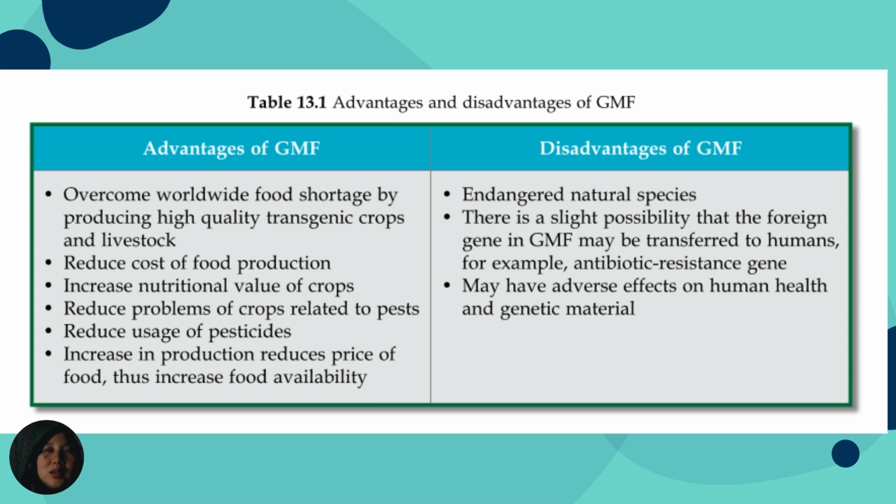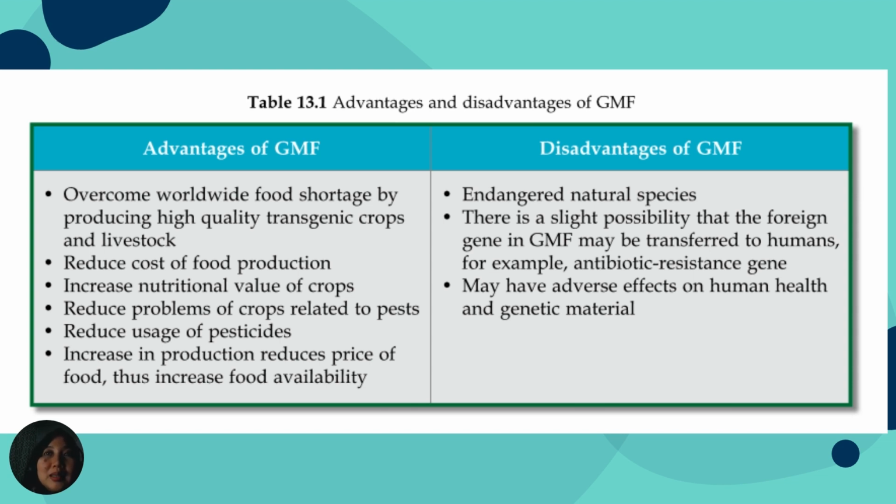Of course, benefit ni, genetically modified ni, maksudnya bila saintis dia ubah suatu genetik, suatu plants tu, sebagai contoh tadi, kita ambil contoh in the earlier slides I showed you the apple. This regular apple tu dia mudah rosak, dia tidak tahan lama.